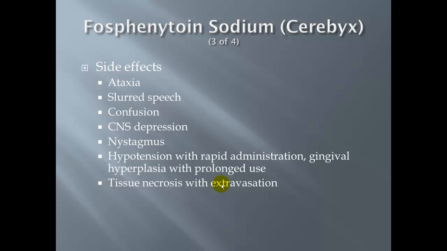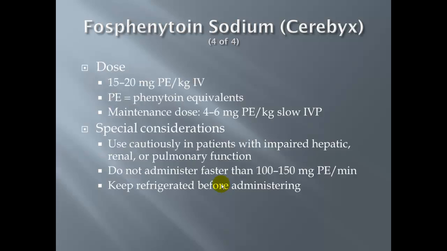Side effects on this are going to be ataxia, slurred speech, confusion, CNS depression, nystagmus, hypotension with rapid administration, gingival hyperplasia with prolonged use, tissue necrosis with extravasation, or if you get it outside of the IV. Dosing: 15 to 20 milligrams phenytoin equivalents per kilogram.